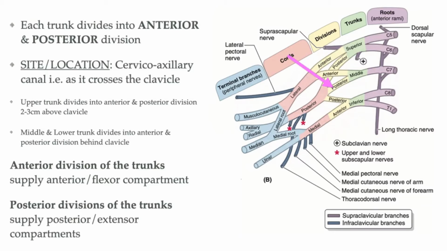Now, this is the anterior division and this is the posterior division, both formed by the inferior trunk of the brachial plexus. The divisions of the brachial plexus do not give rise to any branch.